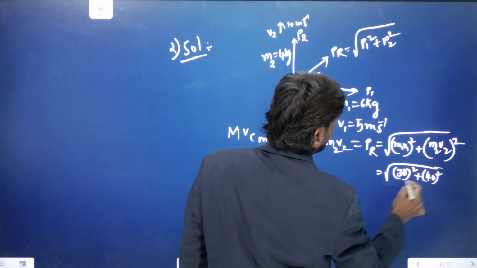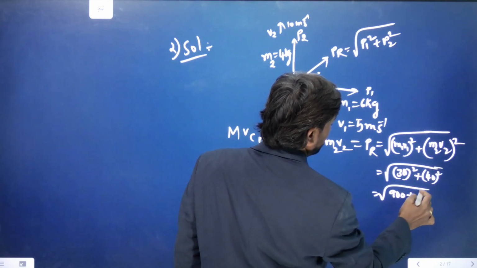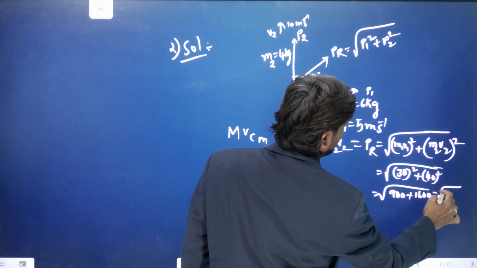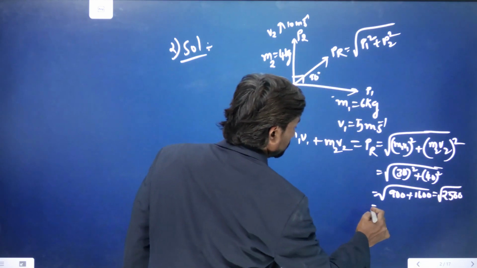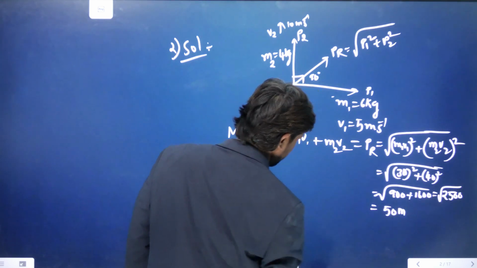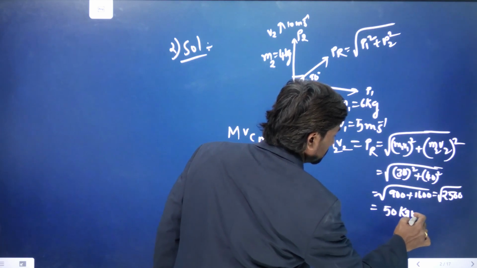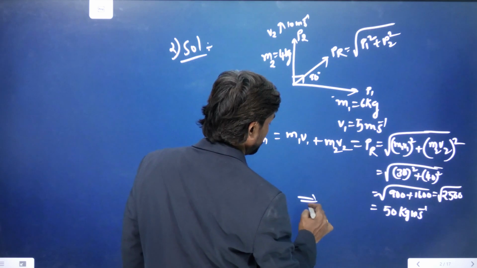So the value will be 900, since 30 square is 900, plus 40 square which is 1600. That is equal to 2500. So this is equal to 50 kg meter per second. This is the resultant momentum.